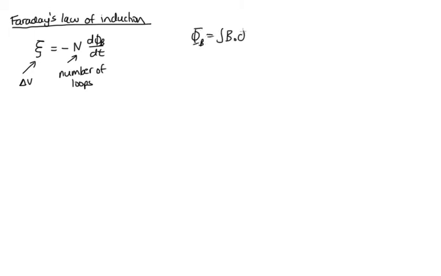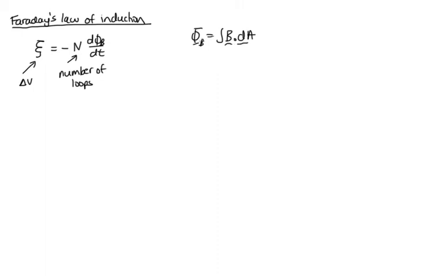Faraday's law of induction tells us that the EMF, which stands for electromotive force, though it's not actually a force, it's a voltage, generated is equal to minus N, where N is the number of loops, times d phi B by dt, where phi B again is the magnetic flux like we've just looked at. So phi B is equal to the integral of B dot dA.